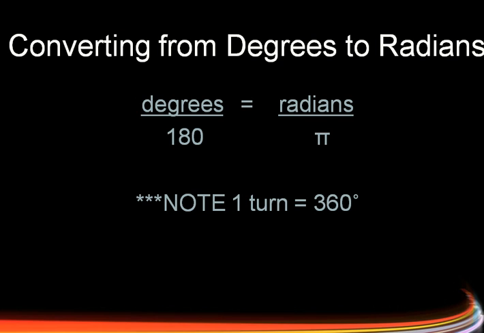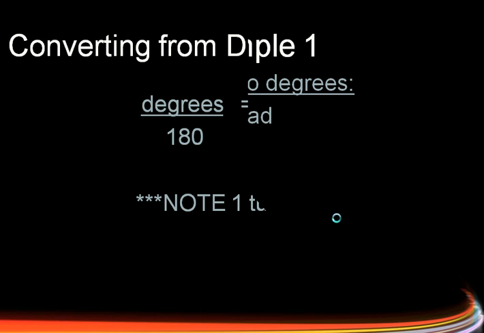However, we need a way of converting from degrees to radians for all the other angles in between. And here is your formula. Degrees over 180 would be equivalent to the radians divided by pi. And again, let's just remember that one turn is 360.